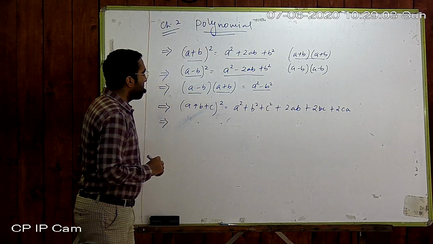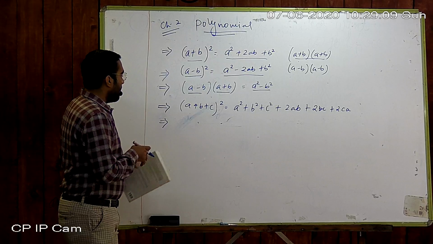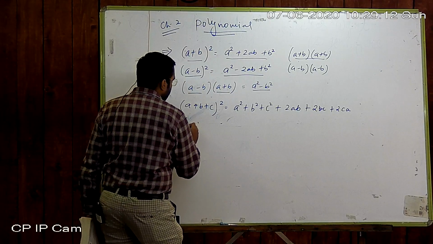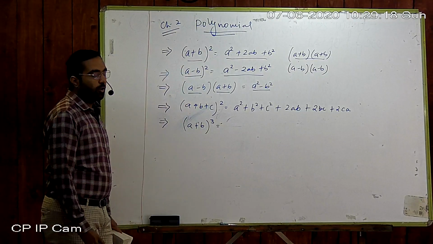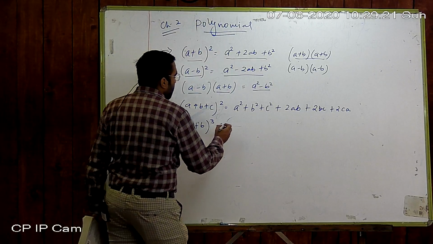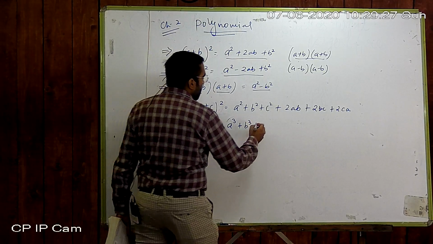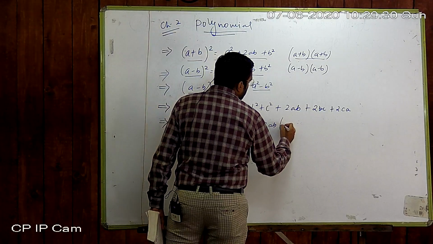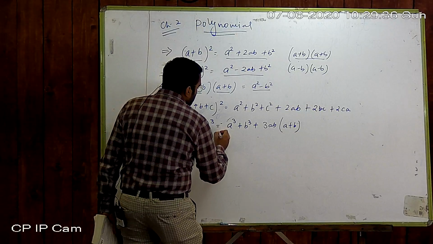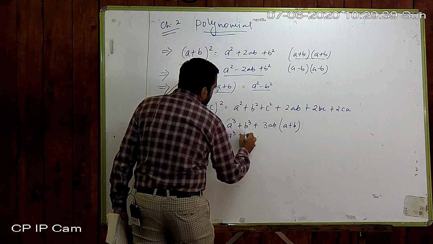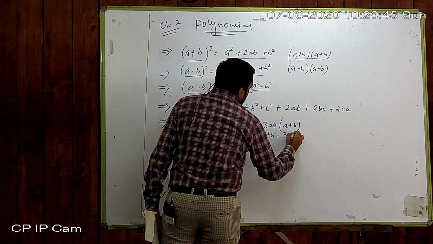Third is a plus b whole cube. In that first we write a cube plus b cube plus 3ab in bracket a plus b, or you may like to write a cube plus b cube plus 3a square b plus 3ab square.